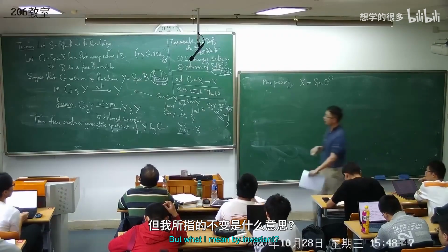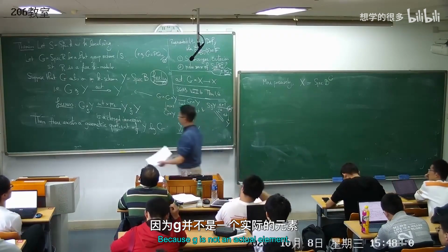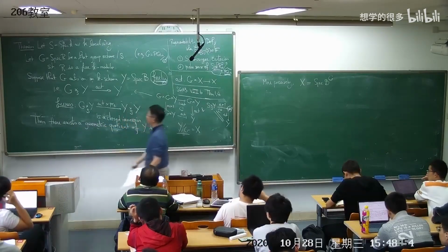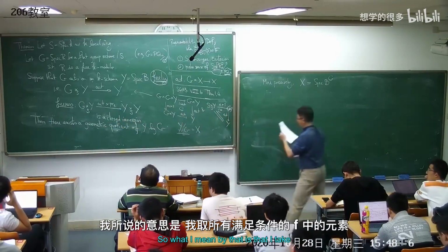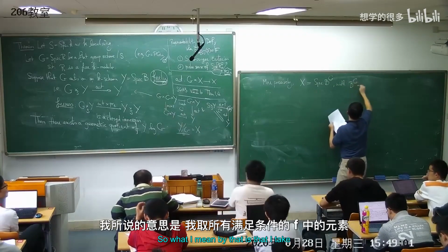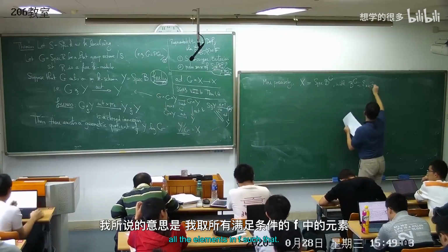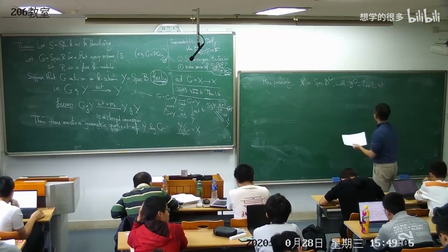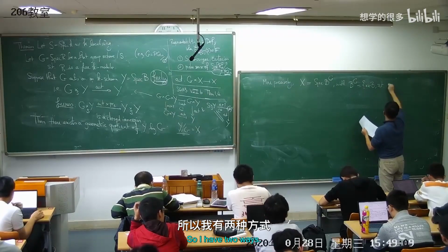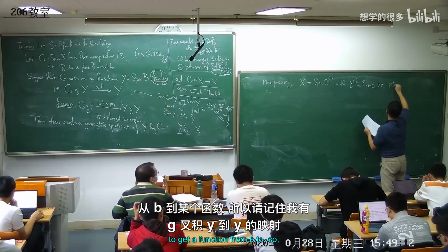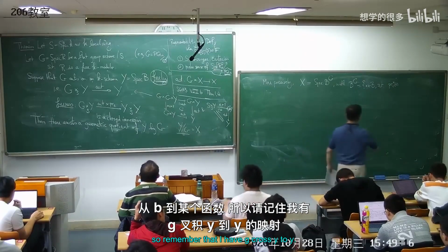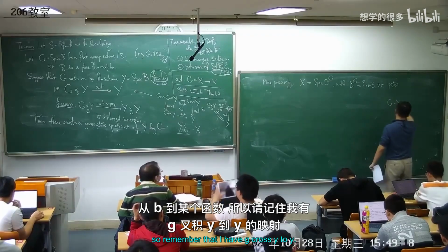But what do I mean by invariant? Because g is not an actual element. It's a scheme. So what I mean by that is that I take all the elements x in B such that, so remember that I have g cross y to y.